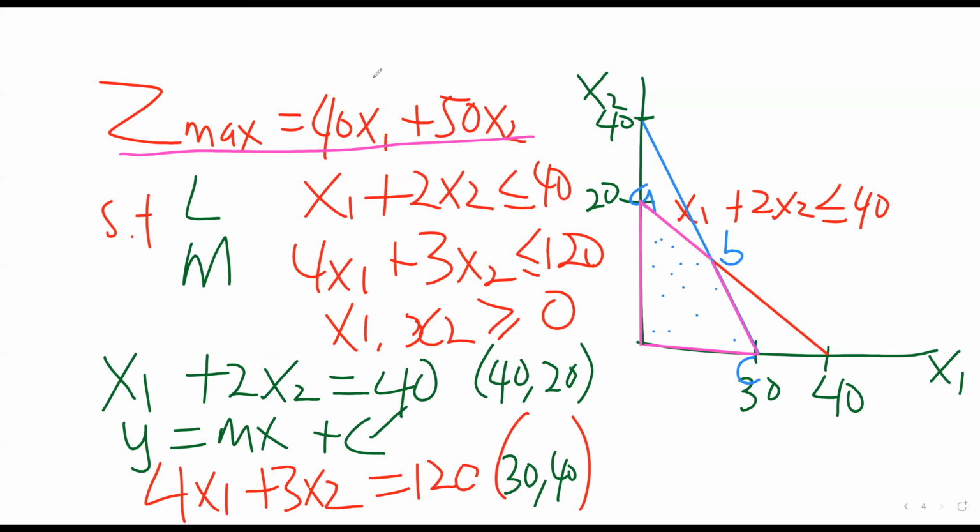So in other words, I'm looking for the Z value at the point of A, the Z value at the point of C, and the Z value at the point of B. There's a reason why I put the B last. So let's go to A.